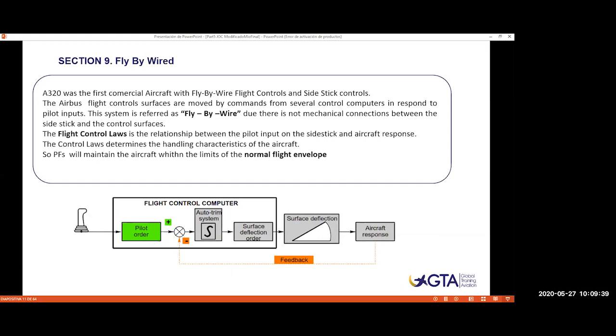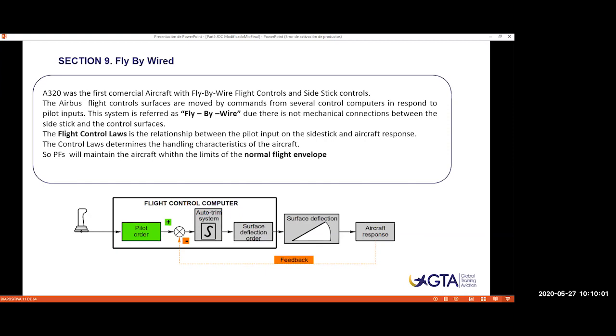The Airbus flight control surfaces, the surfaces used to control this aircraft, are moved by commands from several control computers, but in response to the pilot's input. So why do we say fly-by-wire?